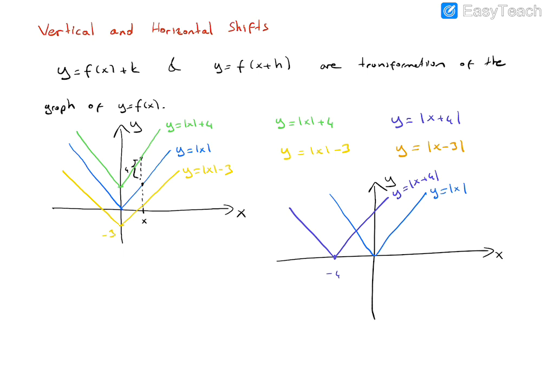And the graph of y equals absolute value of x minus 3 is the same as the graph of y equals absolute value of x shifted to the right 3 units. So this is 3, and that is our graph. So y equals absolute value of x minus 3 is this graph.